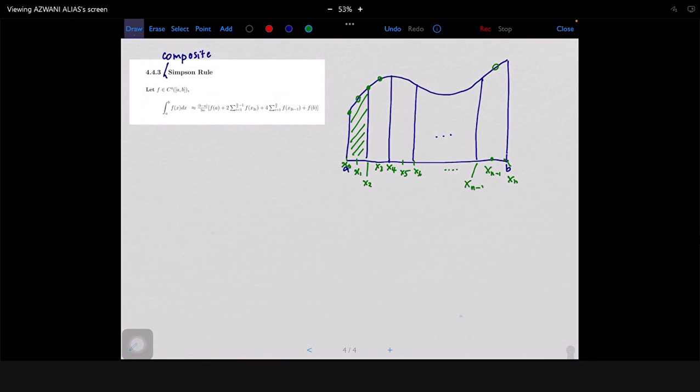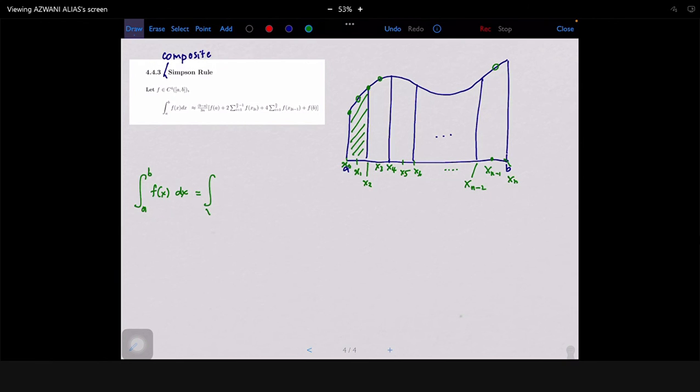Kenapa saya nak wujudkan X1 kat sini? Sebab kita perlu ada value kat situ dalam rumus Simpson Rule. Okay. So, the integration for A and B for the function f(x) dx adalah hasil tambah setiap sub-interval tersebut.